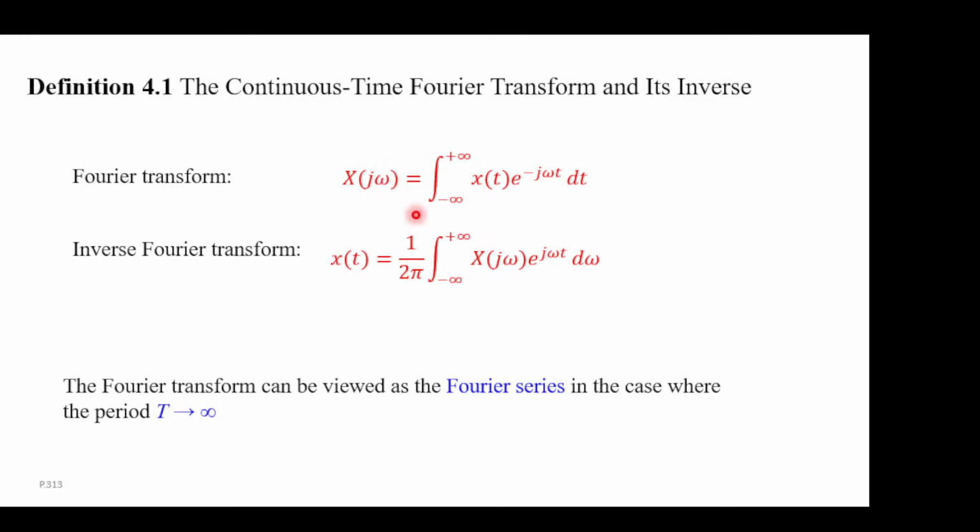Omega is continuous from minus infinity to plus infinity, and t is also not periodic, so instead of integrating over one period, it is also now from minus infinity to plus infinity. So that's very nice. Those two are probably the most important equations for chapter 4.